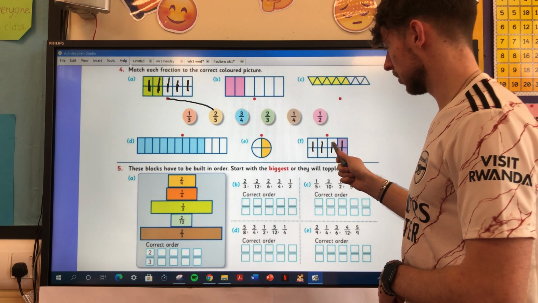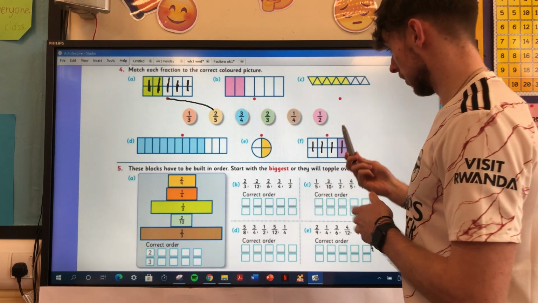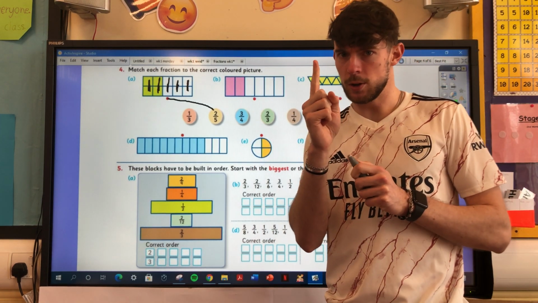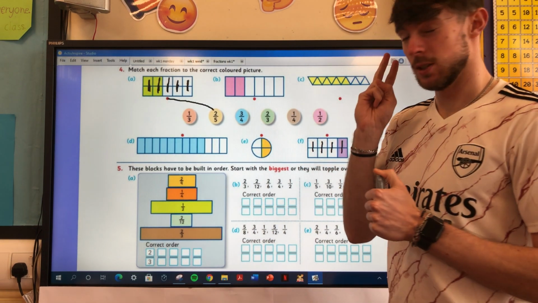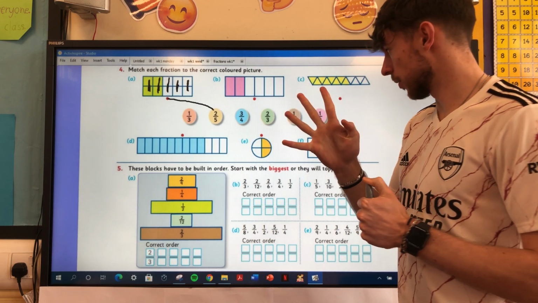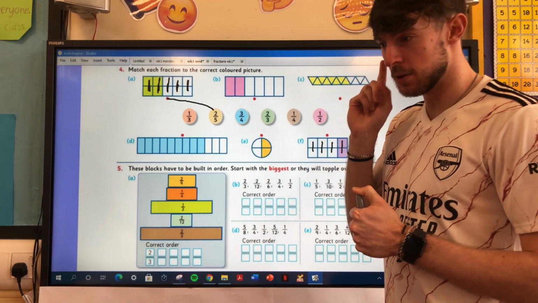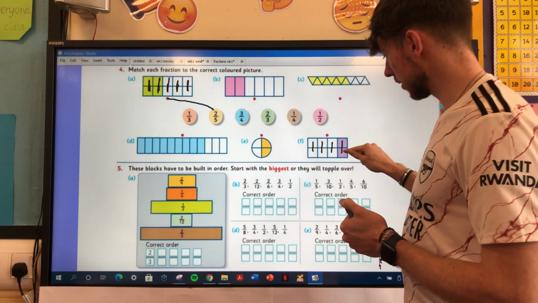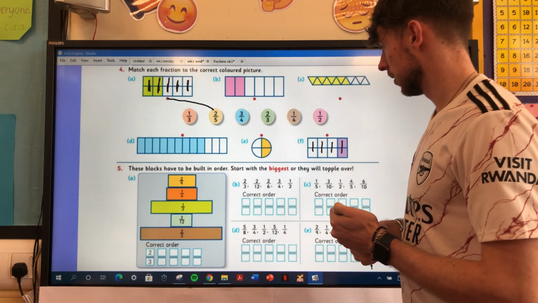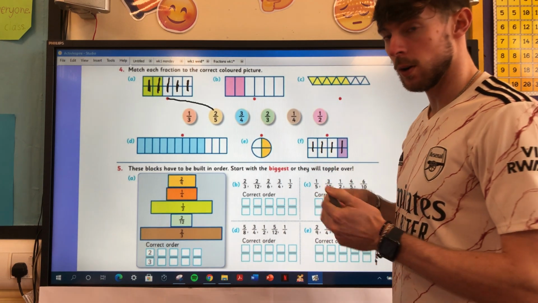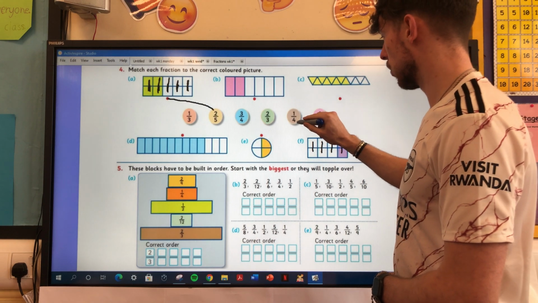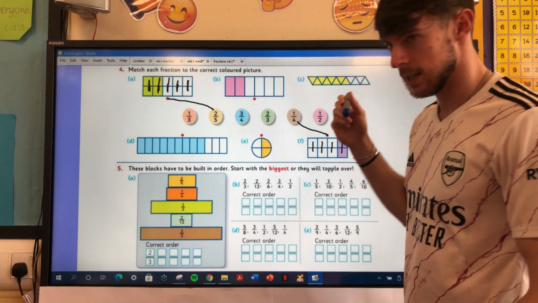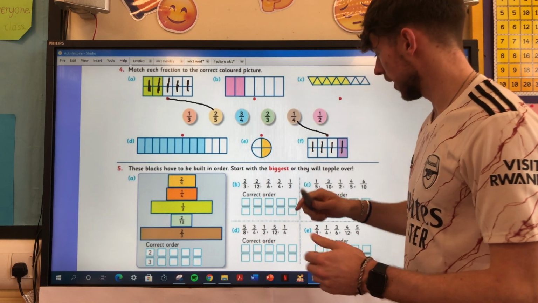There's 1, 2, 3 not coloured. So there's only 1 coloured. Sorry, 1 coloured out of 4. So 1 vertical stripe is coloured, 3 aren't. So that's 1 over 4. So we have 1 over 4 here, and we're going to connect it to this dot, because one of these stripes is coloured, while the other 3 aren't.